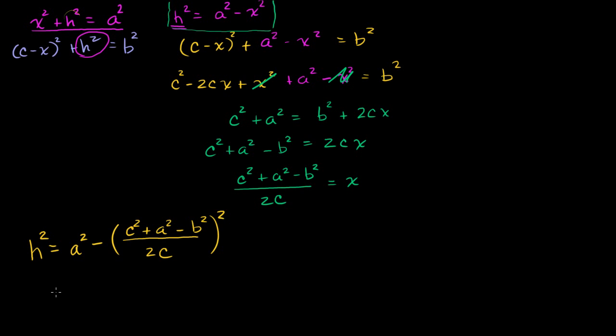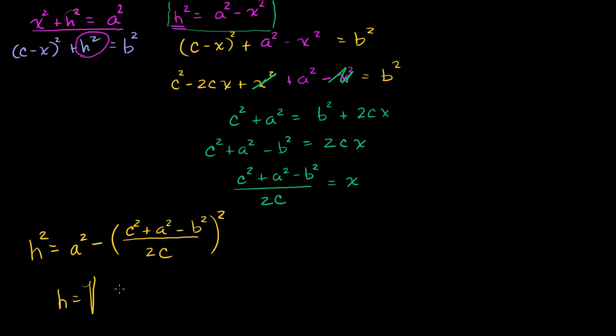So h is going to be equal to the square root of all this business in there. I'll switch the colors. Of a squared minus c squared plus a squared minus b squared, all of that squared. Actually, let me make it a little bit neater than that.